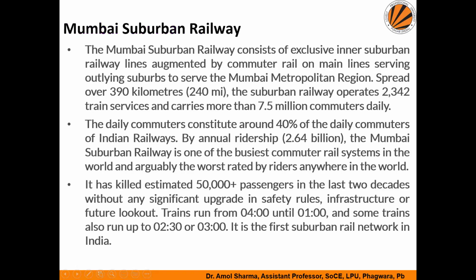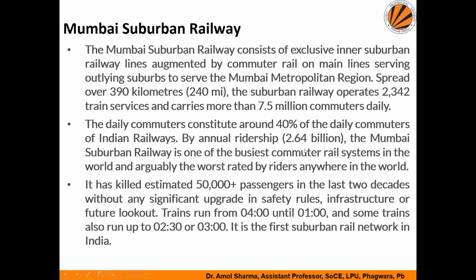Obviously, the Mumbai Suburban Railway is an older transit network which operates at various stations covering a total length of 290 kilometers and operates around 2,342 train services, carrying more than 7.5 million, that means 75 lakh commuters daily.